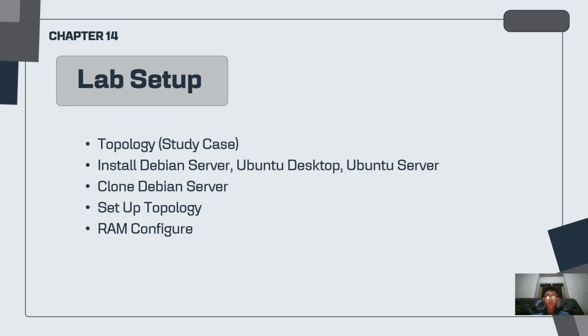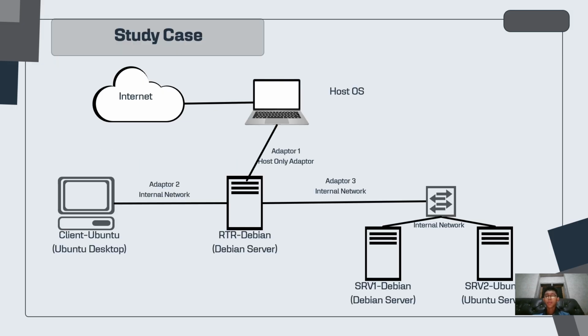So for the first one, the topology, I will explain the topology that I will use in this practice or in the study case. From the internet, it is connected to my host OS. As you know, the host OS is the software in your laptop, and from the host OS it is connected to the router Debian, or Debian server, that is in the VMware.